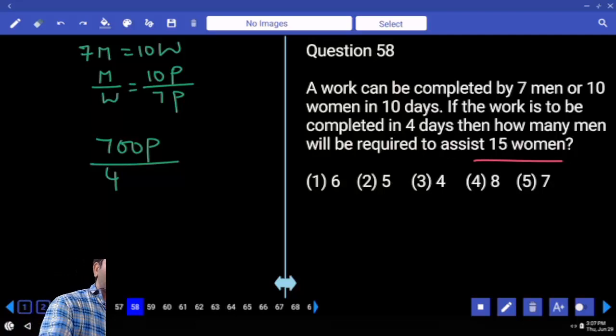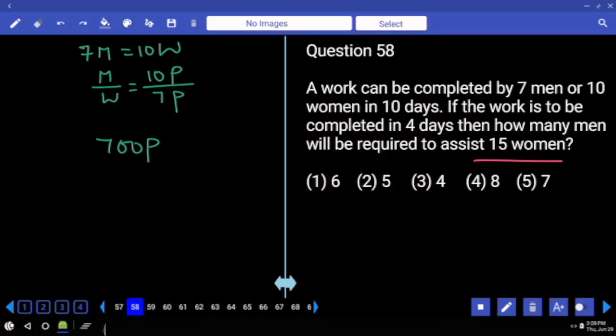Now, already 15 women are there. One woman will do 7 parts, so 15 women will do 15 into 7, 105 parts per day. Write this step: what is the total work? Already 15 women are there, who will do 15 into 7, which is 105 parts, plus how many men need to assist them?